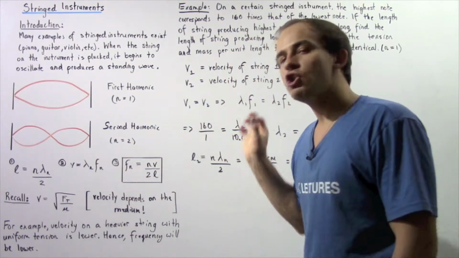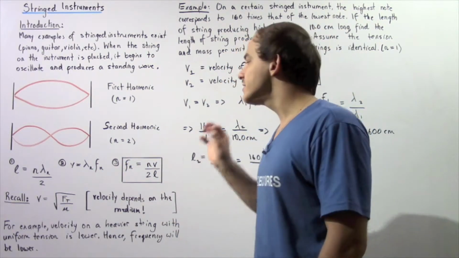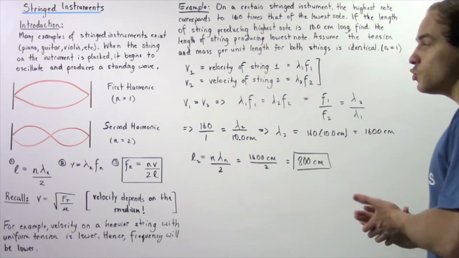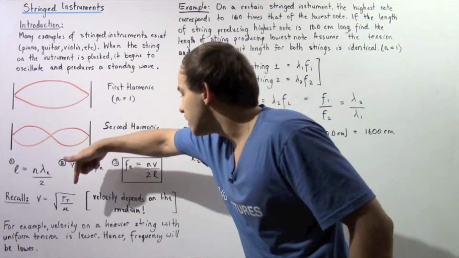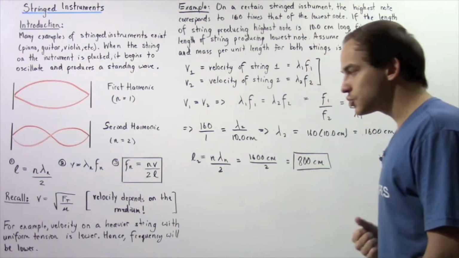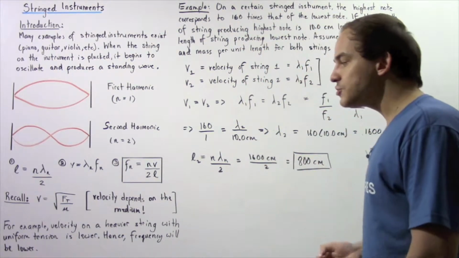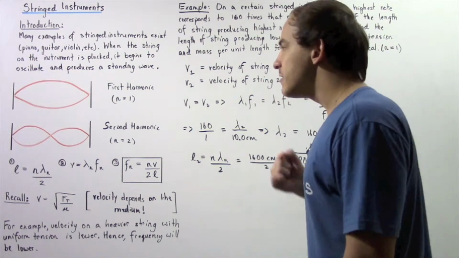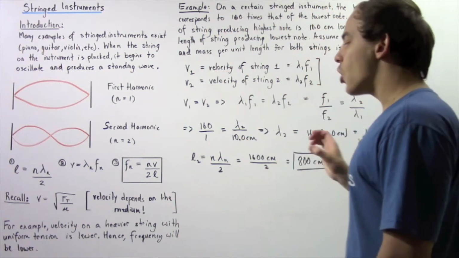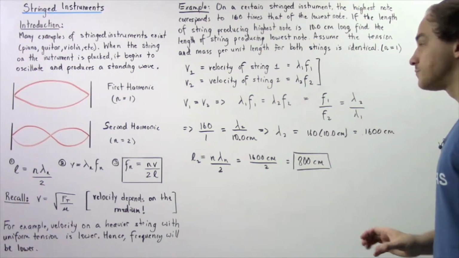So the velocity only depends on the type of string that we are using. For example, the velocity on a heavier string as compared to a lighter string with uniform tension is lower, and this means that the frequency on that string must also be lower.